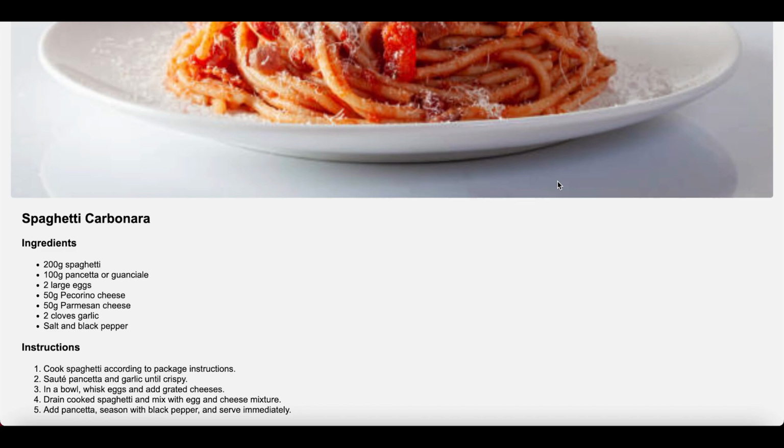Ingredient details are listed in an ordered list, including ingredients like spaghetti, eggs, parmesan, etc. The cooking instructions are presented in an ordered list, as step-by-step guidance. The HTML structure facilitates a visually appealing and organized display, making it user-friendly for individuals seeking to prepare a meal.